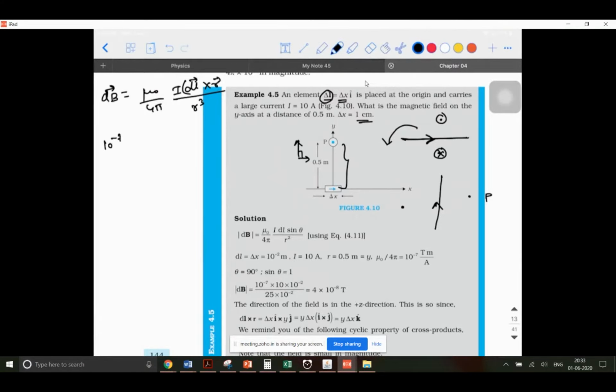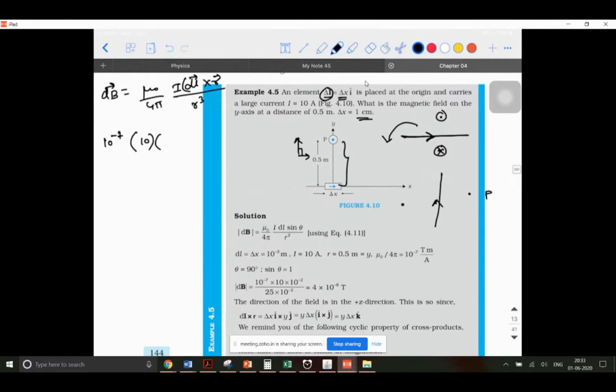So mu naught by 4 pi is 10 power minus 7, I is going to be 10. Dl can be written as delta x i cap, cross r vector, where r is in the upward direction, it is going to be 0.5 j cap, the whole divided by, what is r cube? r cube is 0.5 the whole cube. So this 0.5 and this will get cancelled once. So 0.5 the whole square is left out.